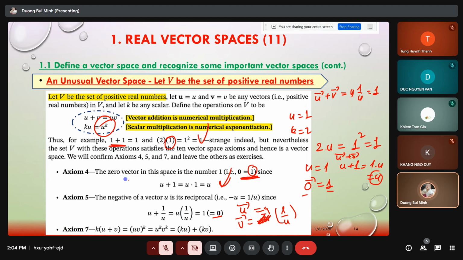This is a vector space, right? How can I explain to you? Every vector has only one element, and the element is a positive real number. This is a special case, an unusual vector space. But don't worry, because this is a atypical case, so we seldom see it in practice.